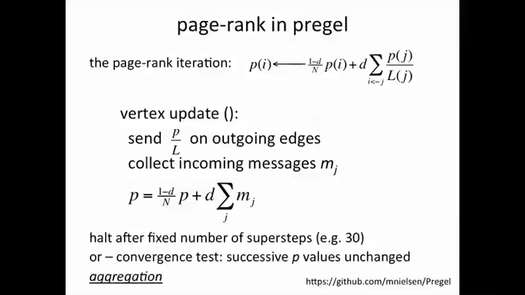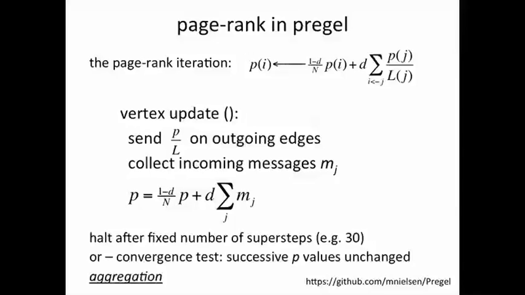times the sum of the page ranks of all the vertices that point to i, that's j is pointing to i, divided by the number of links outgoing from j.